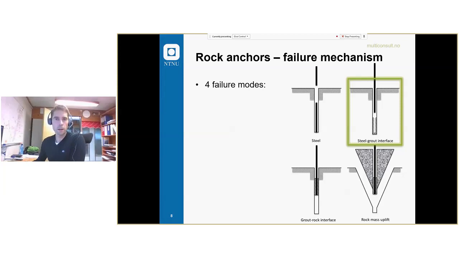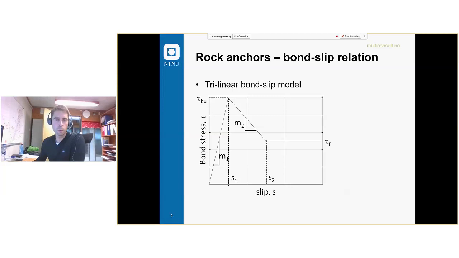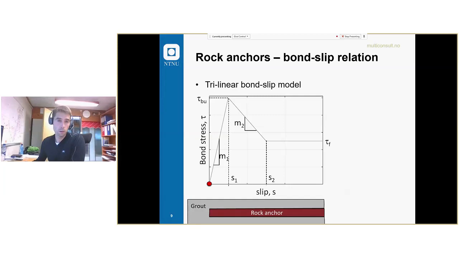Traditionally, when rock anchors are designed, you can use an average shear capacity along the anchor. That is a simplification. If you look at how it really works, if you pull the anchor a little bit, you will mobilize shear along the anchor until ultimate bond stress, tau BU, a peak value at some slip or displacement, which we define as S1.